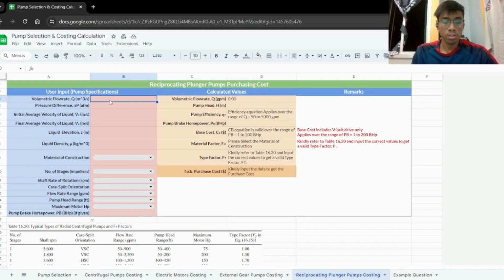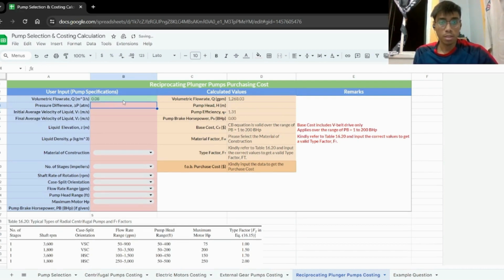So back to the original one, if we choose the volumetric flow rate as 0.08 for example, it will calculate the volumetric flow rate output in gallon per minute as 1268.03.